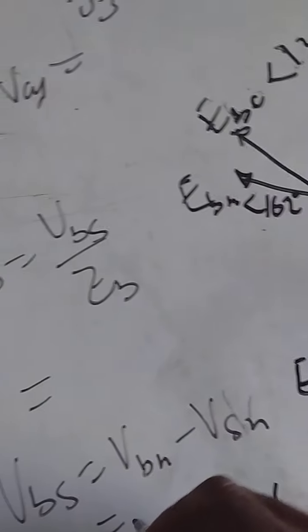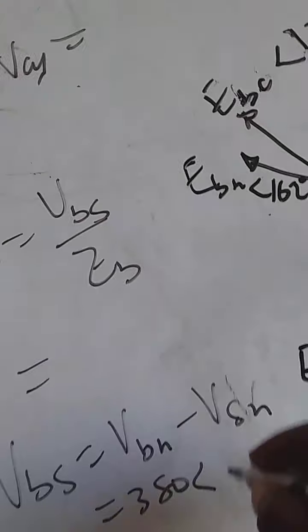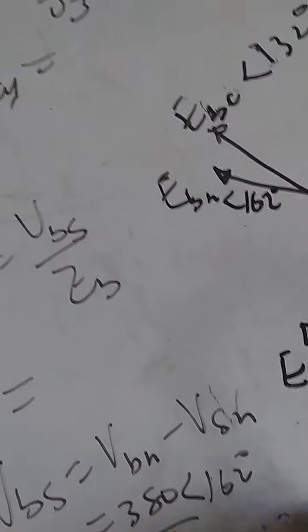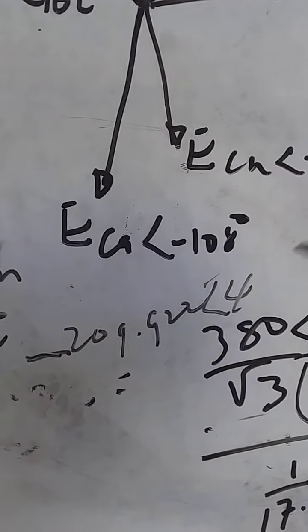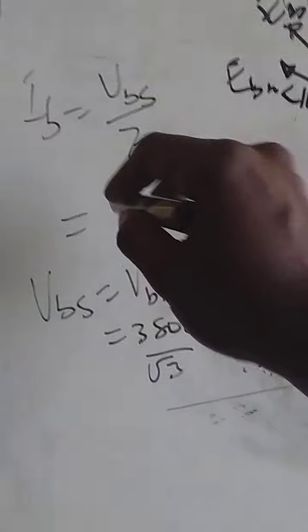Your VBN is 380 divided by root 3 at angle 162 degrees, because it's phase voltage, minus VSN, which is 209.992 at angle 44.22 degrees. That gives your VBS, and once you get it, you divide by the impedance ZB to get your IB.